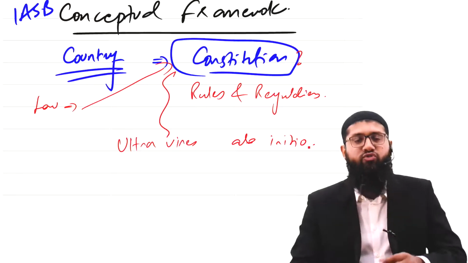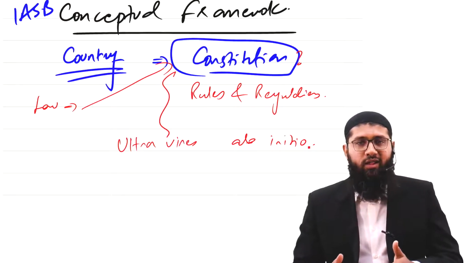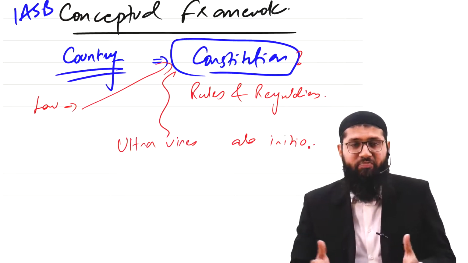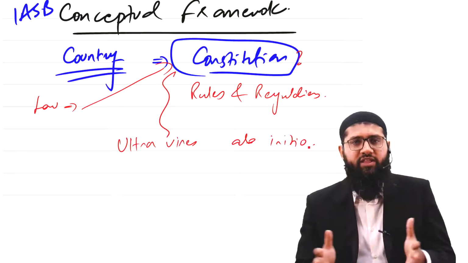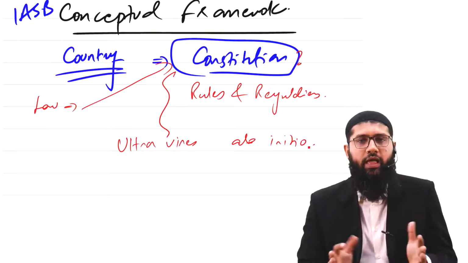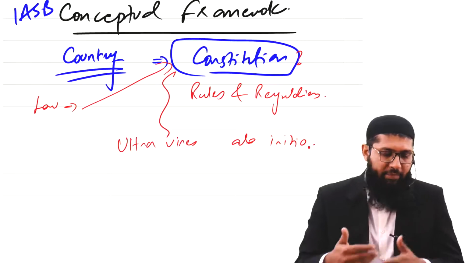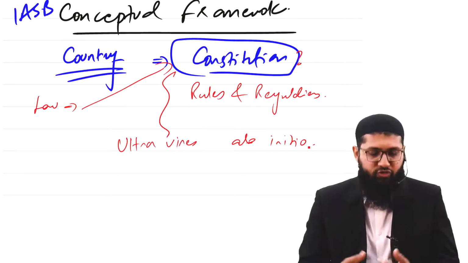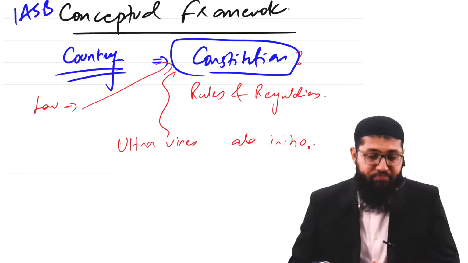I'm sorry to be using some legal terminologies, but you have already studied them. Ultra vires is basically illegal, ab initio from the start. Ultra vires ab initio. Anyways, coming back to it.